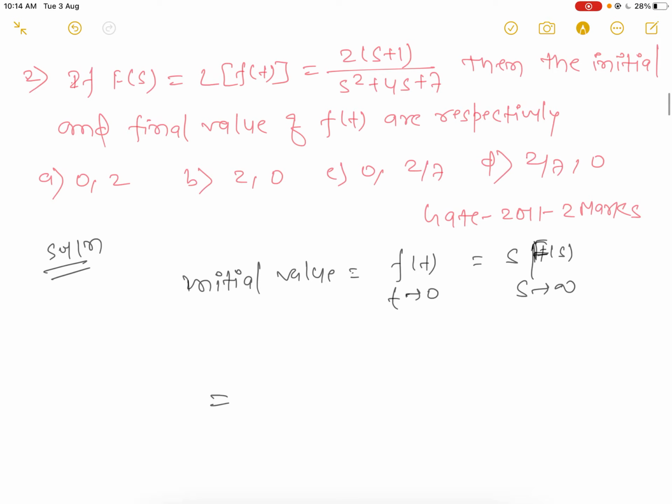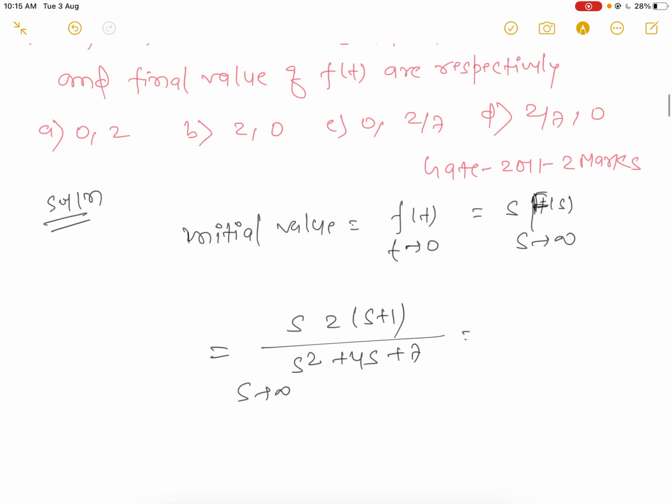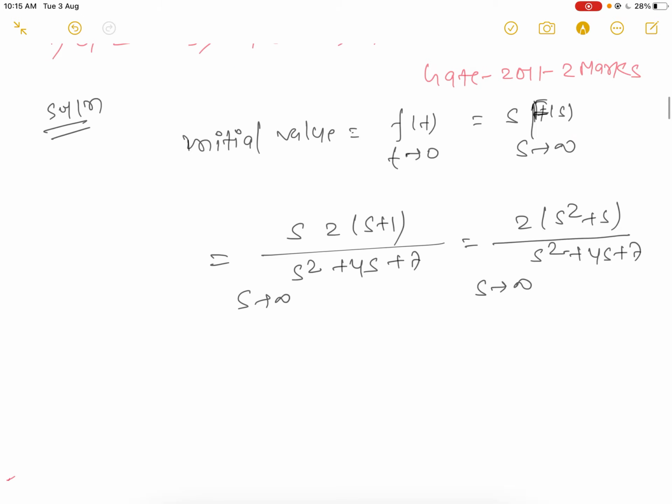So F(s) is given, multiply s to 2(s plus 1) and s square plus 4s plus 7, s tends to infinity. So it will be 2s square plus s upon s square plus 4s plus 7, s tends to infinity.